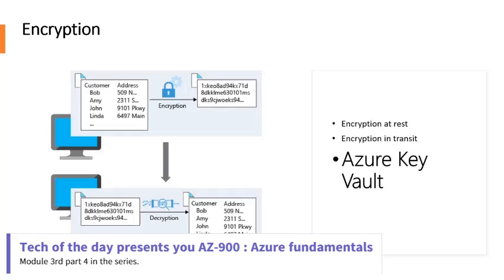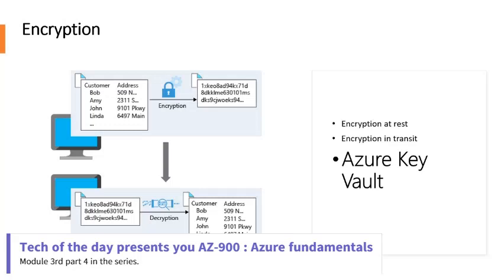Then you have encryption. For security purposes, you have encryption. Encryption is the process of making data unreadable and unusable to unauthorized viewers. To use or read the encrypted data, it must be decrypted, which requires the use of a secret key. There are two top-level types of encryption: symmetric and asymmetric.